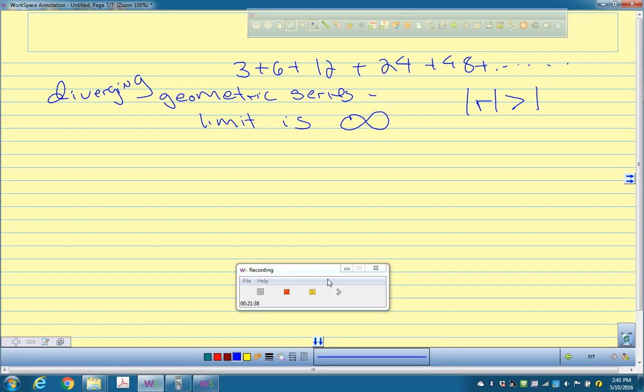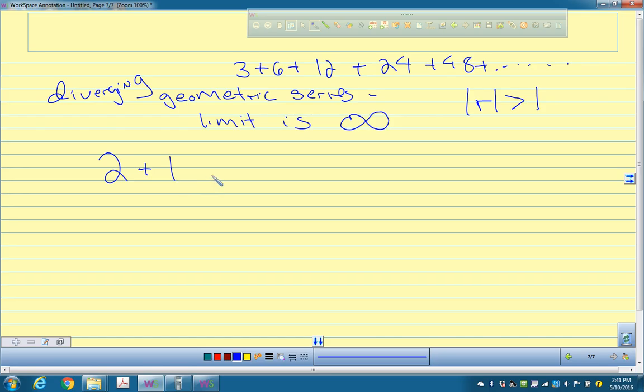But believe it or not, if I have something like this, I think it's interesting. If you have 2 plus 1 plus 1/2 plus 1/4 plus 1/8, dot dot dot, where the absolute value of R, meaning the multiplying thing that I'm multiplying by, whether it's negative or positive, is less than 1, this is called a converging geometric sequence.